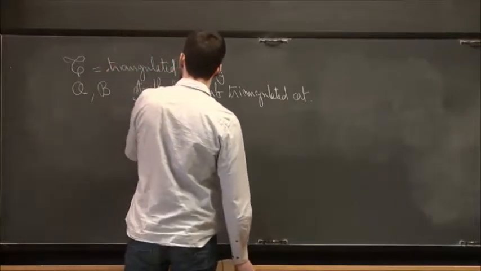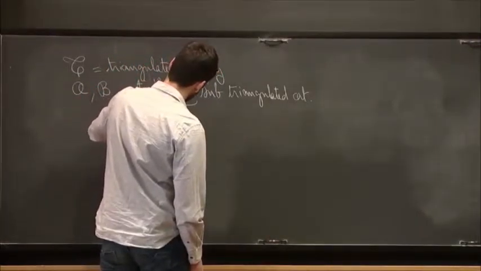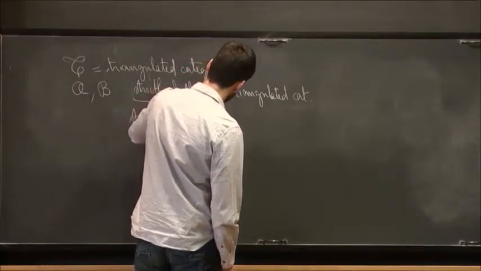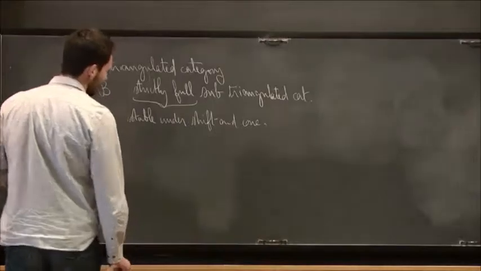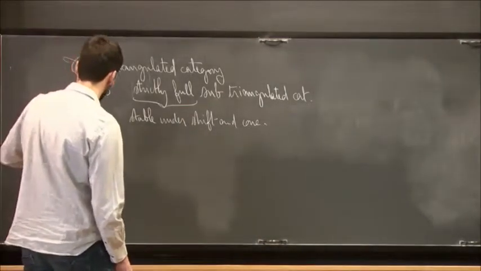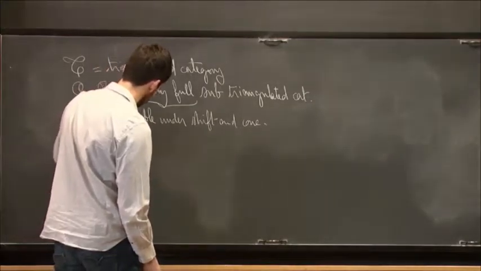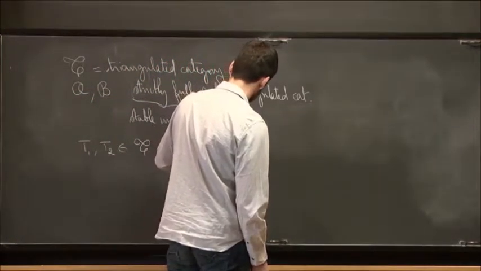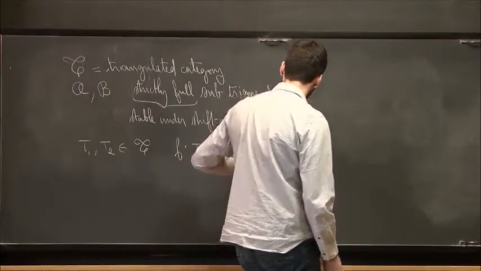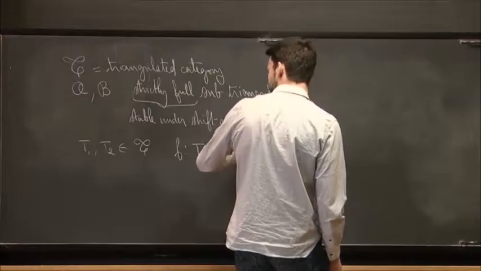Strictly full means it's stable under shift and cone. Maybe I should remind what the cone is. If you have T1 and T2, two objects in T, and a morphism F between T1 and T2, then the cone of F is just something that completes a triangle.